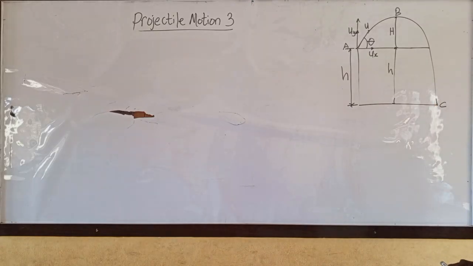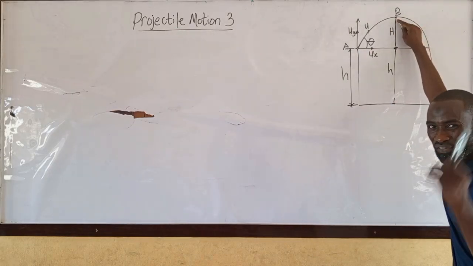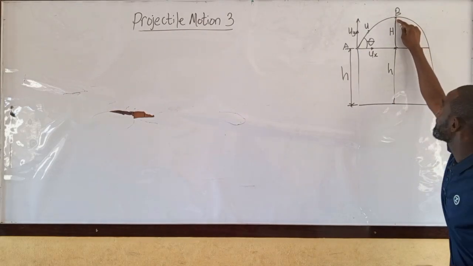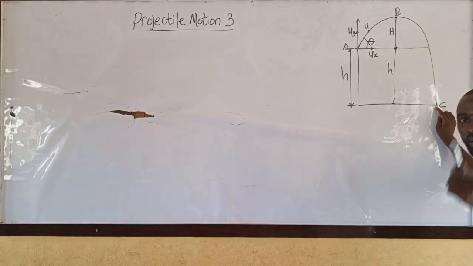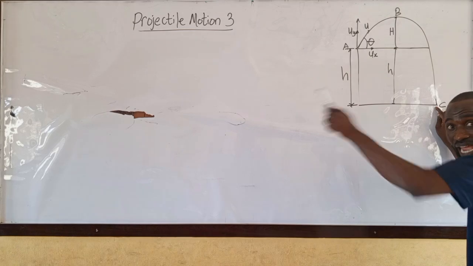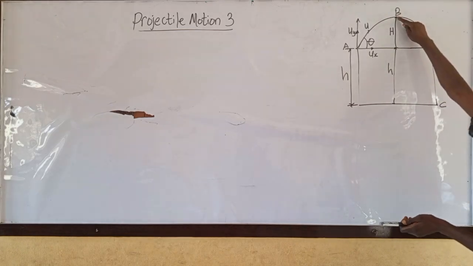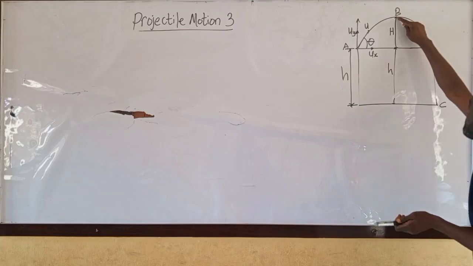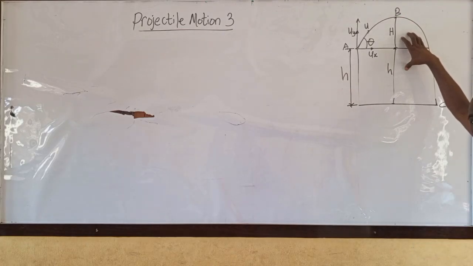The first phase is from this place to this place, which is vertical projection. And from here to here is horizontal projection, which is the one that I did earlier. Meaning, we assume that the body is just being dropped horizontally from this place to this place.